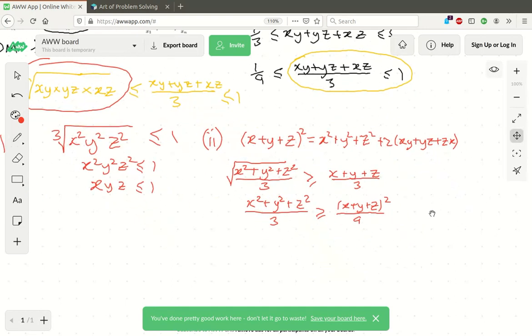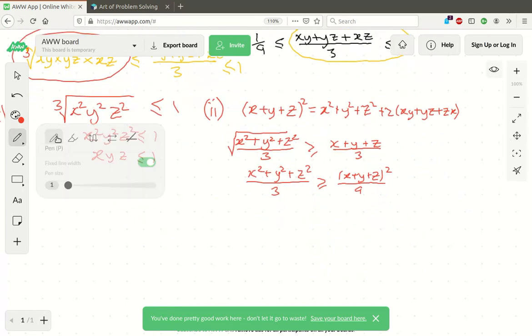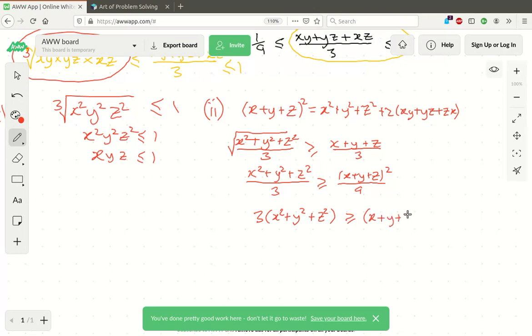And a little bit of rearranging and fiddling around, let's times both sides by 9 actually. So I'm going to have 3 times x squared plus y squared plus z squared is greater than or equal to x plus y plus z all squared.